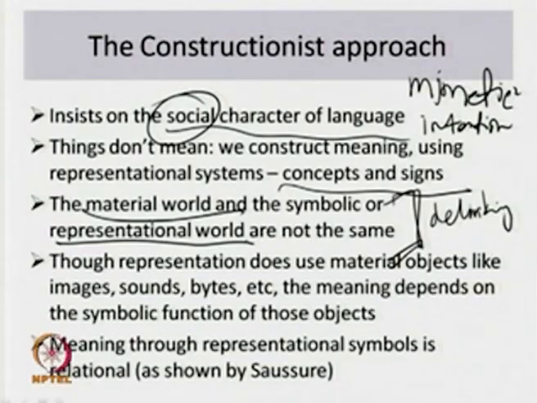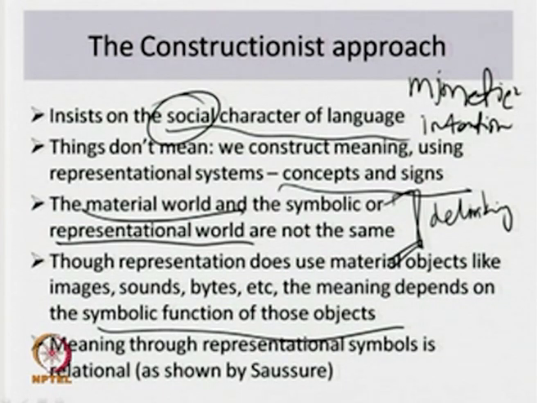Now, let us look at the slide, please. Though representation does use material objects, like images, sounds, bytes, etc., the meaning depends on the symbolic function of those objects. It is obvious, as we saw in Saussure, in the lecture on structuralism in module 1, that it is through sounds and images that the message is conveyed.